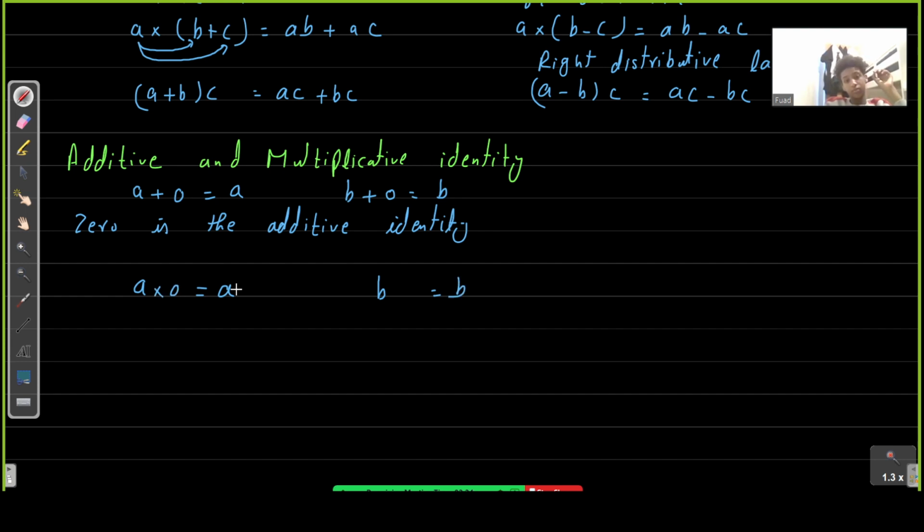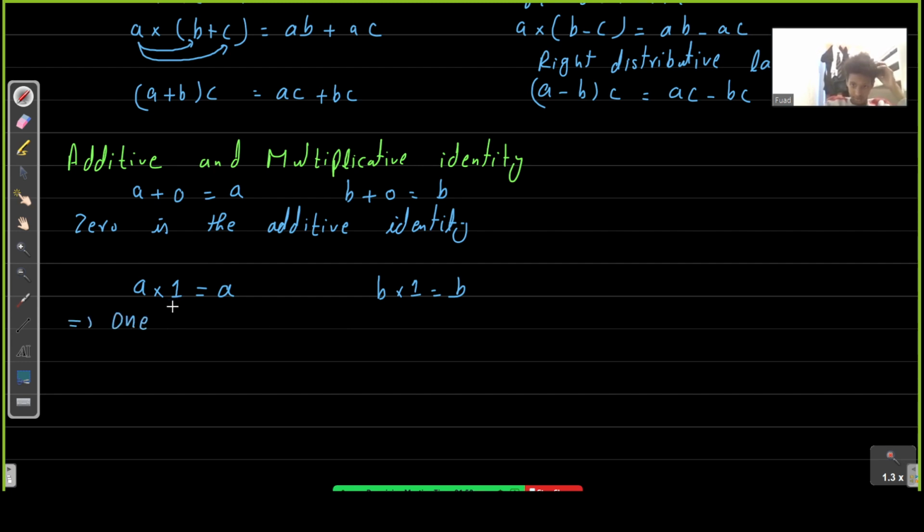If I multiply A with 0, the answer will become 0, not A. A should remain the same. A times A is A square, then A times 1, yes. A times 1 is equal to A and B times 1 is equal to B. It means 1 is the multiplicative identity.